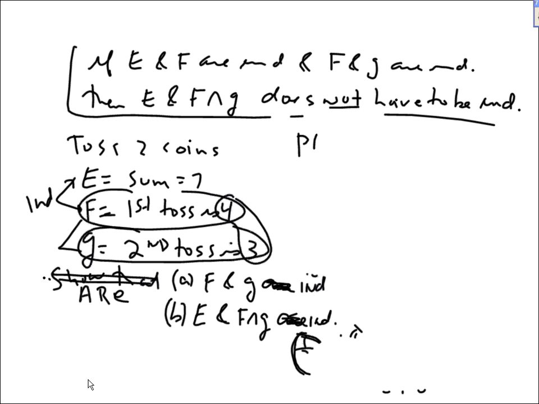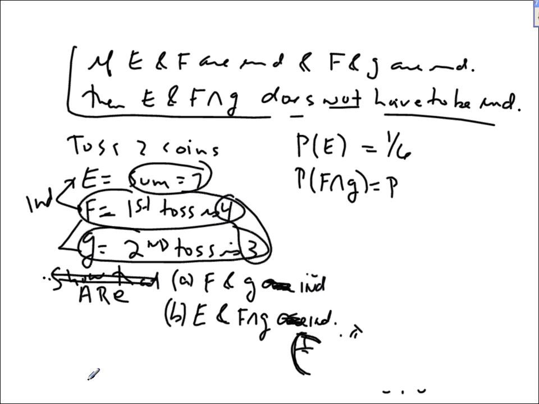So, the probability of E and the probability of F intersect G. Then we'll do this second part a different way. The probability of E, we worked out. The probability the sum is 7 is 1/6. And we actually concluded that P of F intersect G is the probability of E, which is a sixth. Now, what is the probability of E intersect F intersect G?